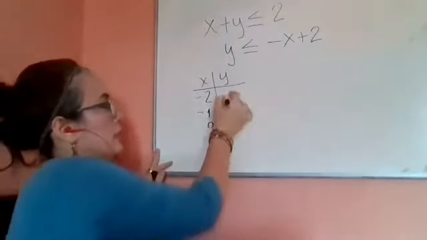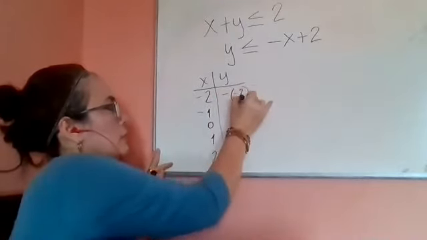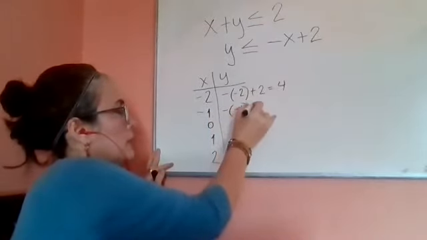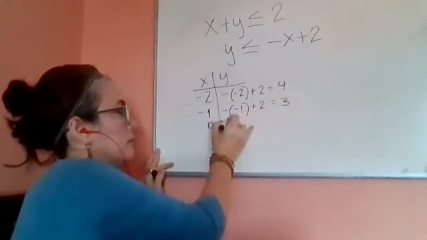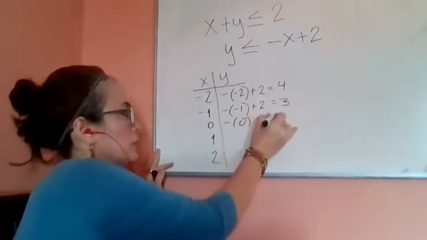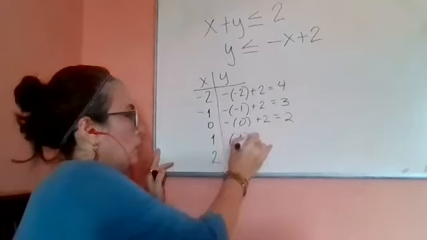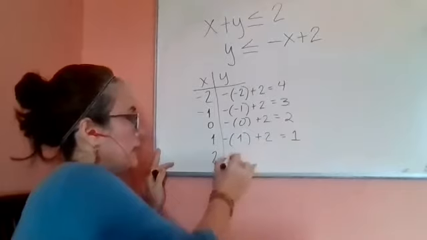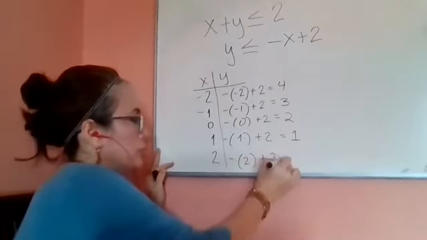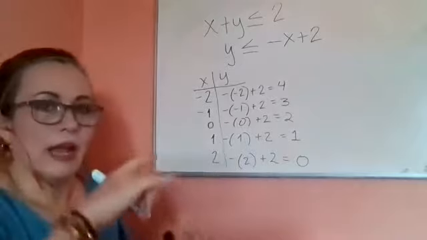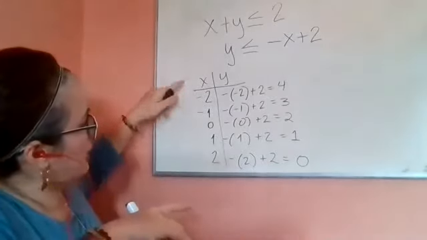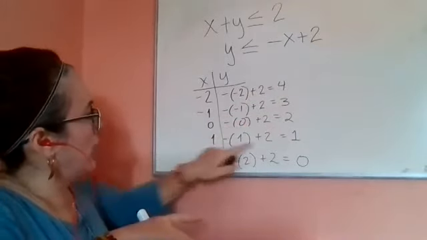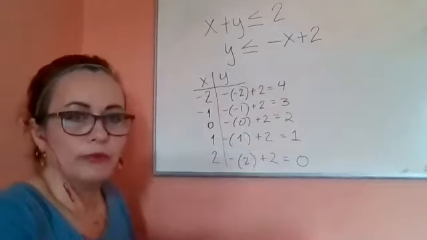I'm going to replace over here: -2 plus 2, what I get is 4, -1 plus 2 is 3, 0 plus 2 is 2, 1 plus 2 is 1, 2 plus 2... I mean, 2 minus 2 is 0. I have each one of the values of x and y: -2 is 4, -1 is 3, 0 is 2, 1 is 1, and 2 is 0.